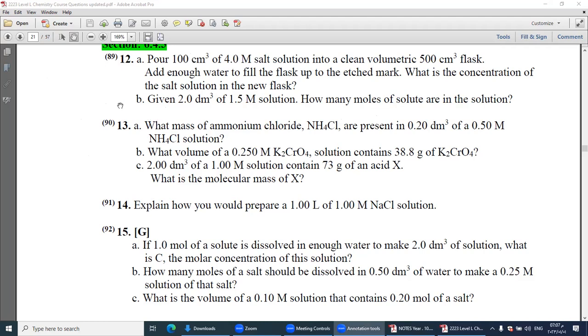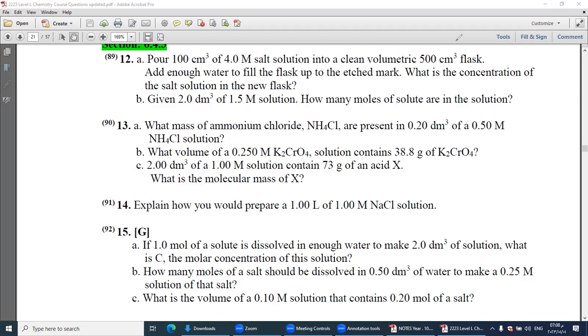Okay, number B. Who can read? Okay, اتفضل يا شادي. أنت لازم نعمل سنتيمتر كيوب إلى decimeter cubed conversion. In case of calculating number of moles equal concentration multiply volume in decimeter cubed. What should the units be?